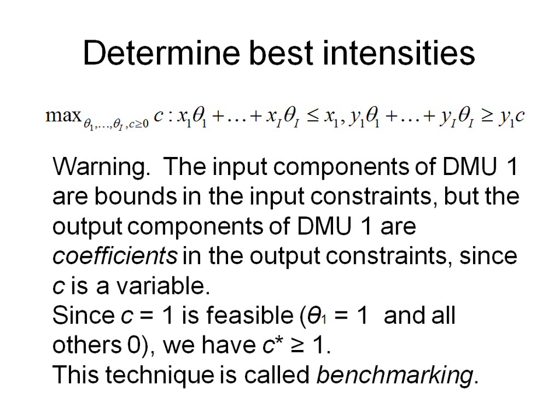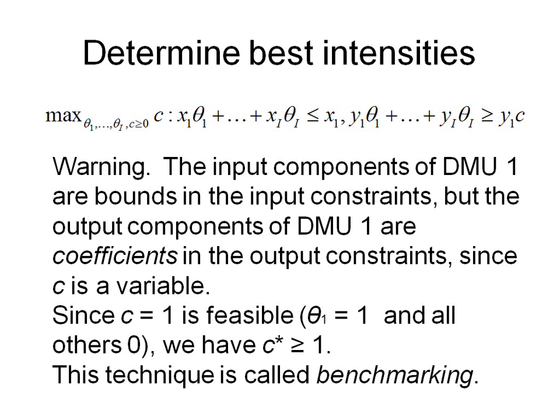And clearly, it'll be similar for firm 2, etc. So we're going to run that thought experiment where the firms 1 through capital I are operated at intensity levels theta 1 through theta capital I. The required inputs will be the observed inputs of the other firms multiplied by those intensities.